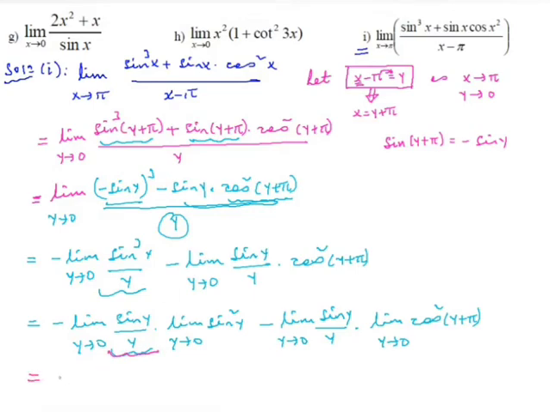So this means minus 1 times the limit of sine square y, which is 0, minus this part, which is 1, times the limit of cos square of y plus pi. You can directly substitute 0. Cos pi becomes minus 1, and minus 1 squared is 1. So the first part becomes 0, and minus 1 times 1 is minus 1. Therefore the limit of the expression in I is minus 1.